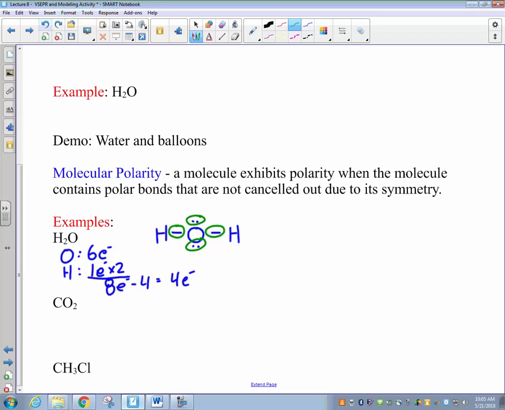Looking at table 10.2 on the back side of your molecular geometry handout, you'll notice that for a molecule with 4 total domains around the central atom, 2 of which contain bonded pairs and 2 of which contain lone pairs, the geometry is listed as bent. So water molecules exhibit bent geometry.